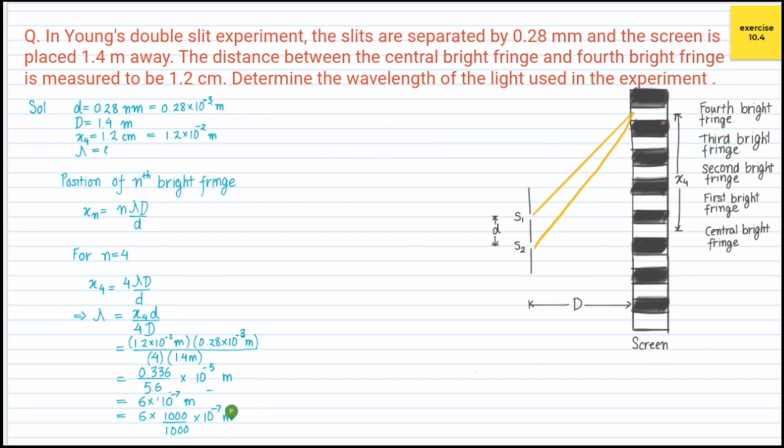Now 6 times 1000 is 6000, and this denominator I can write as 10 to the power 3. Now if I send this 10 to the power 3 to the numerator, it will become 10 to the power minus 3.